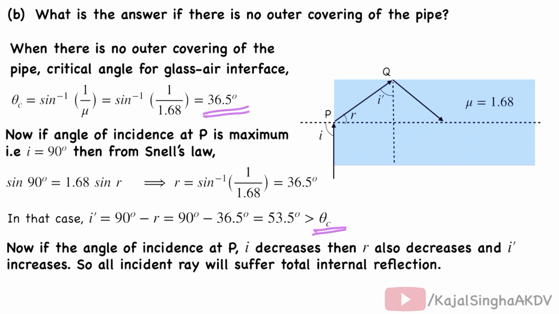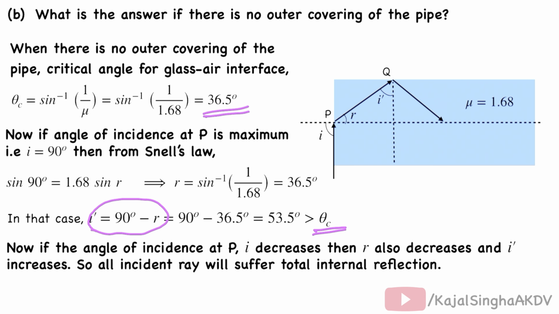And when r decreases, i dash increases, since we have i dash equals 90 degree minus r. If i dash increases, it will remain greater than the critical angle theta c. So total internal reflection will take place. So all incident rays will suffer total internal reflection.